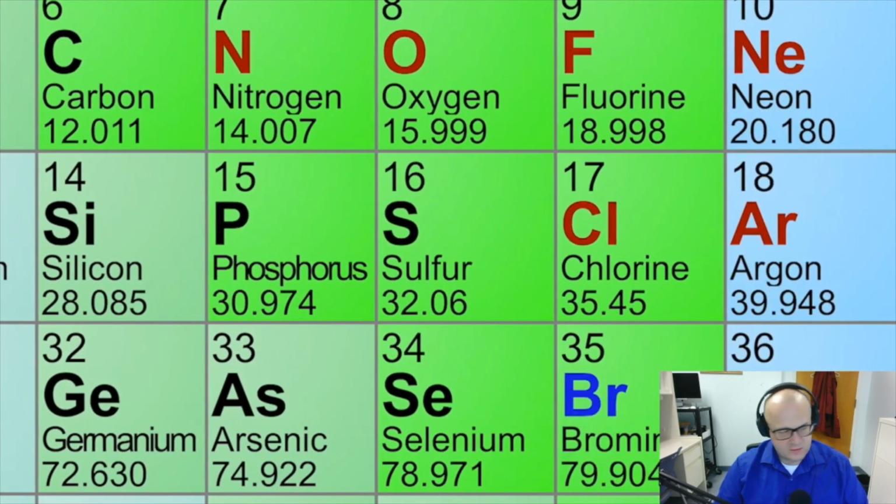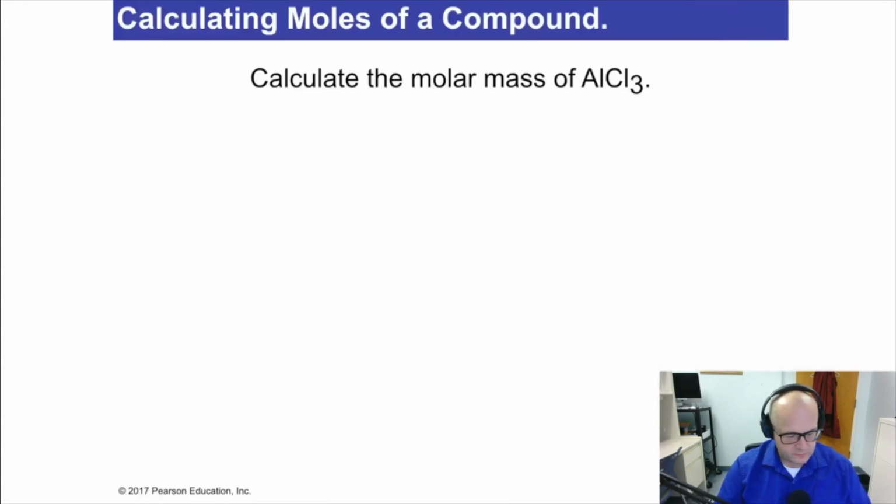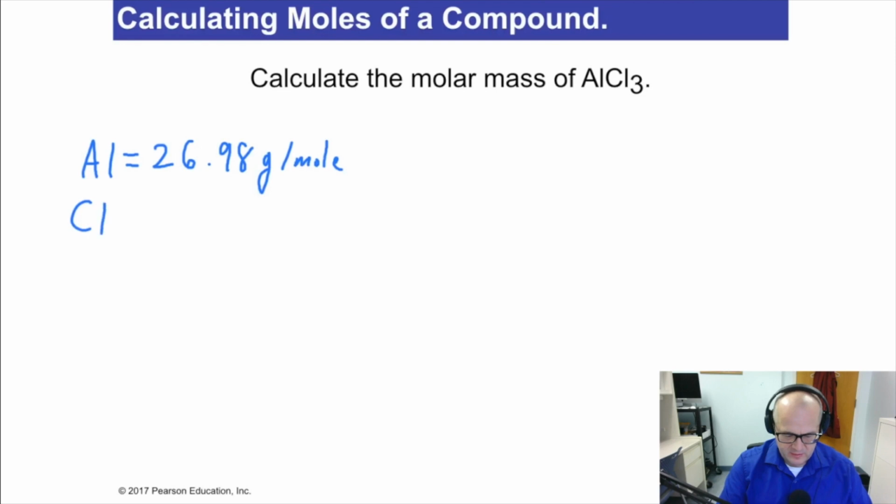And chlorine is 35.45. There we go. Let's go back to where we were. Let's write these down real quick. Aluminum, 26.98 grams per mole. Cl equals 35.45 grams per mole.